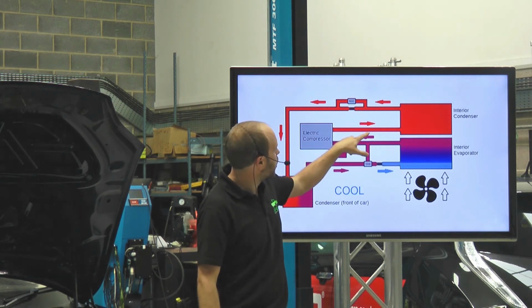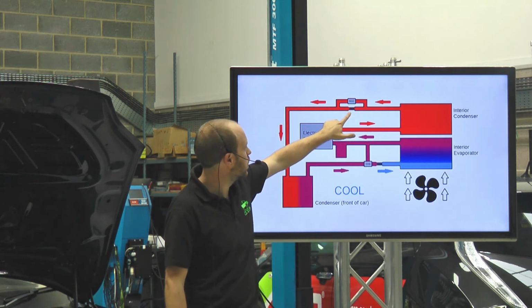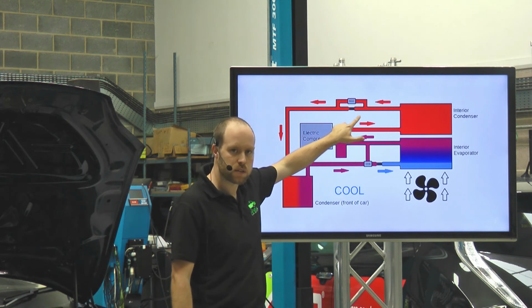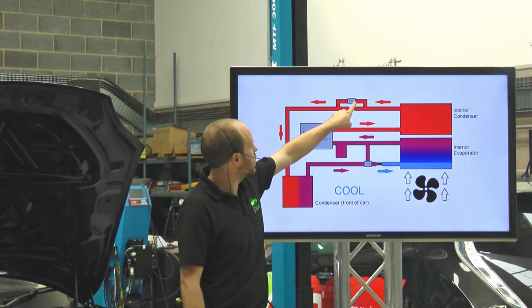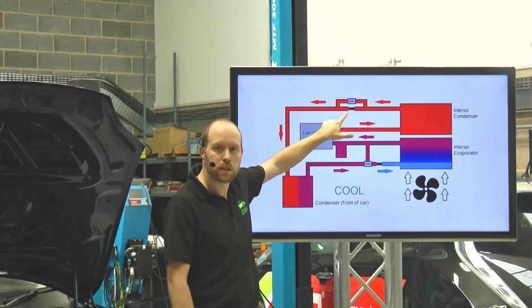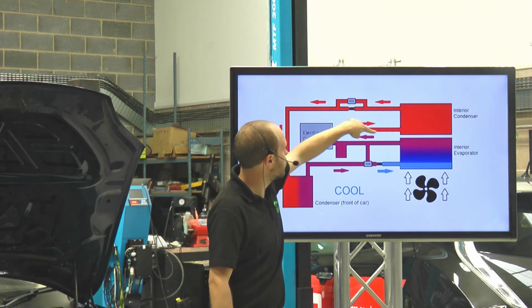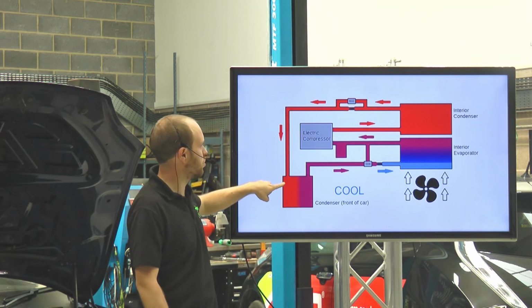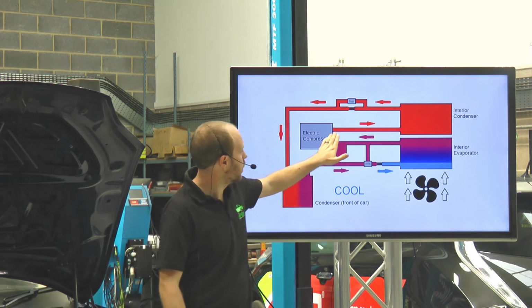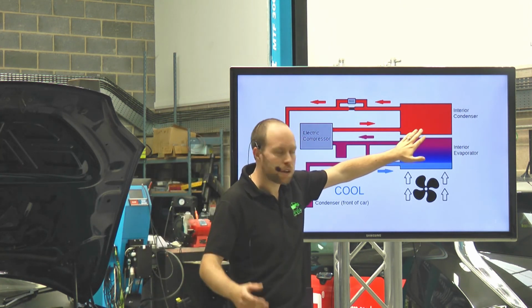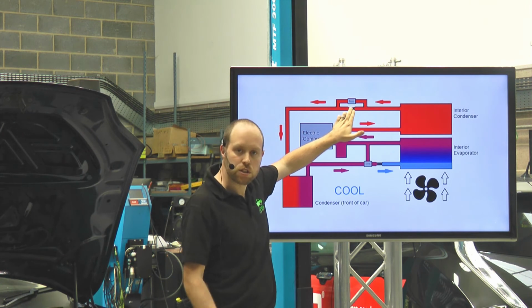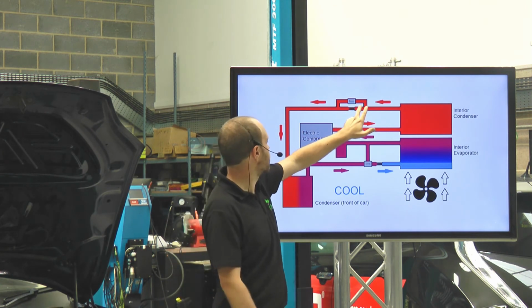You'll also see that we've got a restriction in this part of the circuit, and with this valve open, this effectively is doing nothing. Effectively, this entire part of the circuit is just acting as pipe work. So there's no airflow through this, so we don't get any cooling here. There's no pressure change across here, so we don't get any temperature change across here.